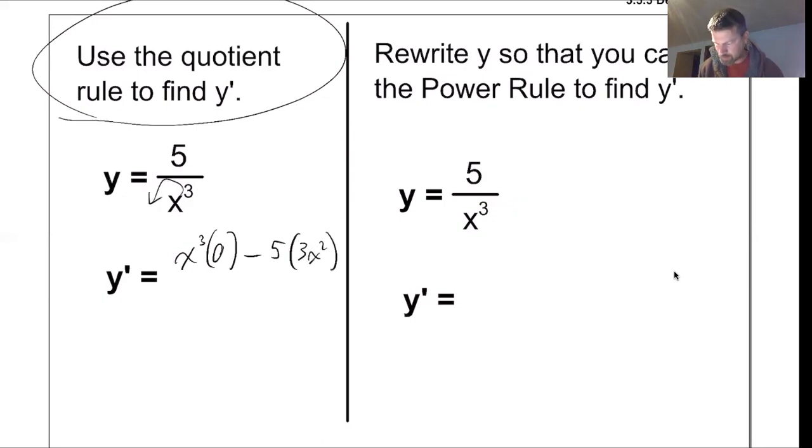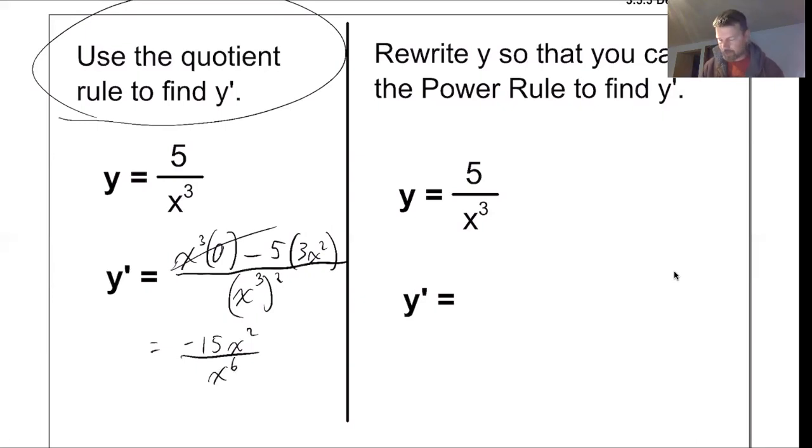Bringing a 3 down, dropping the power by 1, all over low squared, x cubed squared. If I simplify this out a bit, x cubed times 0 is gone. That's just 0. So I'll have negative 15x squared all over x to the 6th. Can do a little bit of simplifying there. That'll be negative 15 all over x to the 4th. Quotient rule. There's my answer.